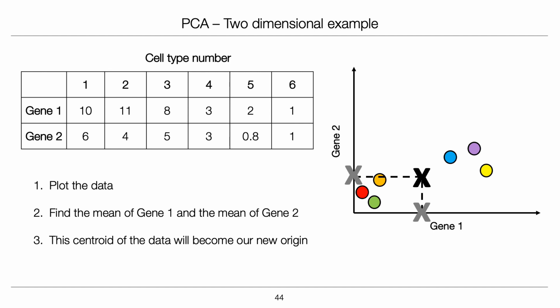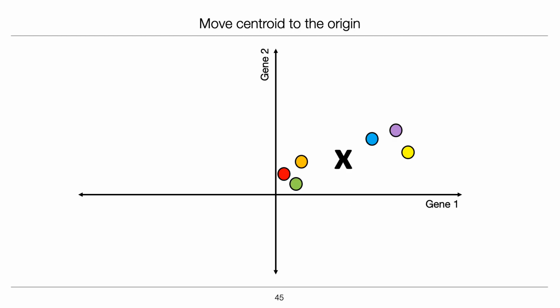The centroid of the data will become our new origin. Effectively, we move our data points so that their centroid is at the origin of our coordinate system.